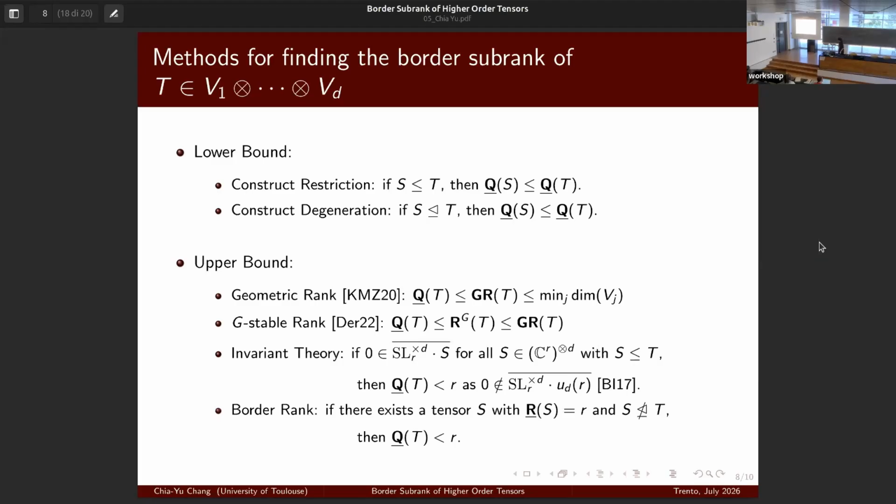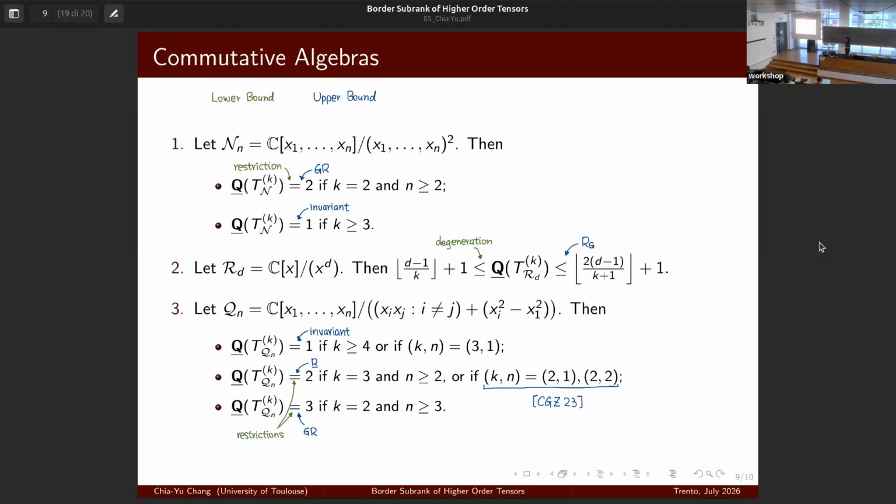Okay, now here I list some results we had. For commutative algebras, a commutative algebra can be written as a direct sum of local algebras, and so the border subrank of their structure tensor would be bounded by the border subrank of those local algebras.